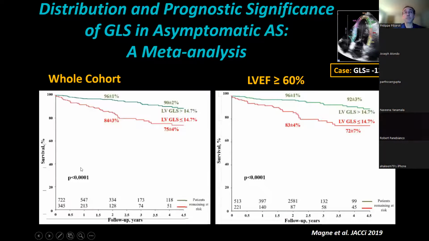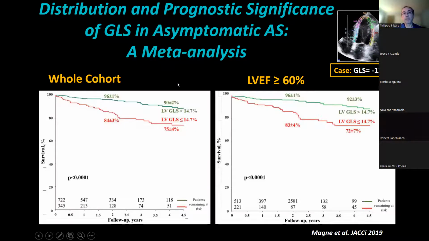The other alternative that we can use to improve the sensitivity of LV ejection fraction to detect subclinical dysfunction is to use another parameter, which is the global longitudinal strain that we can easily measure by speckle tracking imaging. And in this meta-analysis, you see that if you have a global longitudinal strain less than 14.7%, let's round it to minus 15%, you have reduced survival.